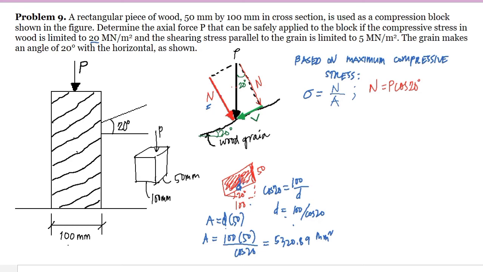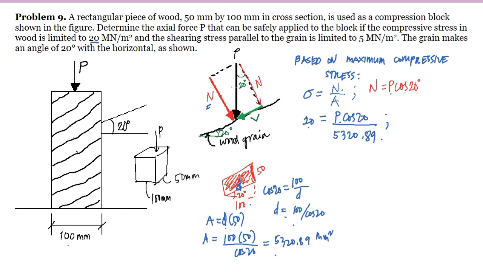So we have here 20 equal to N, which is P cosine 20, over the area, which is 5320.89 square mm. So this 20 here is in megapascal and this is mm square. So yung lalabas na sagot natin for the P is in Newton.